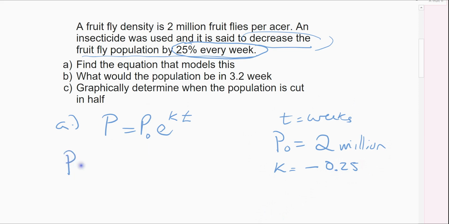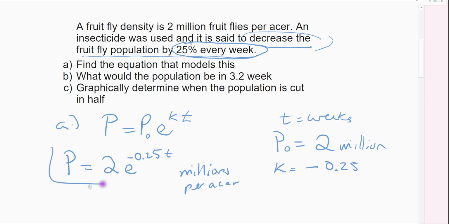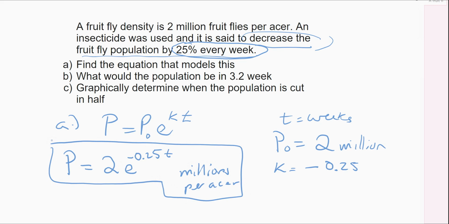The population equals 2e raised to the negative 0.25 times time, and I'm going to leave it in millions per acre, instead of writing out that million there. There would be my model. There is the population equation that will model how many fruit flies are left in t weeks.